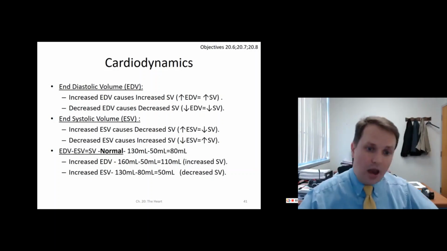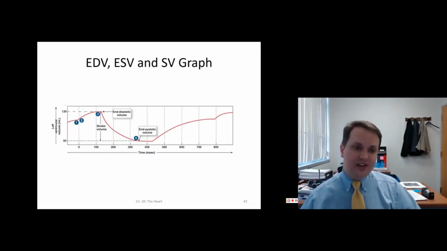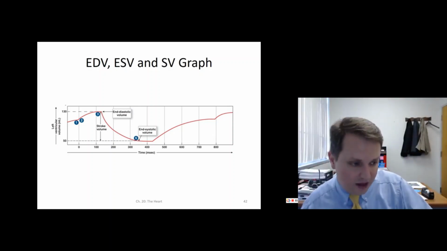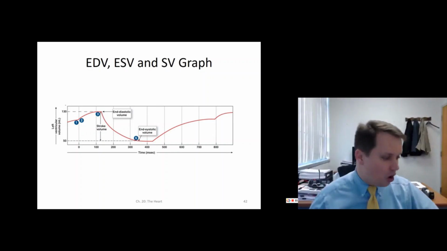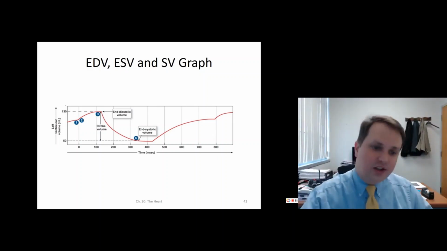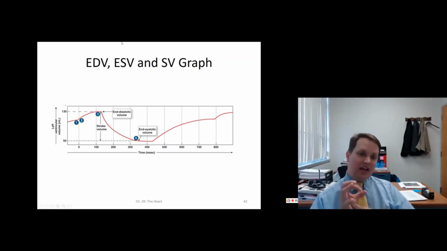Now you can see here the changes in the volume of blood in the ventricles during a normal cardiac cycle. The EDV is the amount of blood the ventricle fills up with during your ventricular diastole, and after ventricular systole, the blood that's left is the end systolic volume, and the blood between those is the stroke volume.